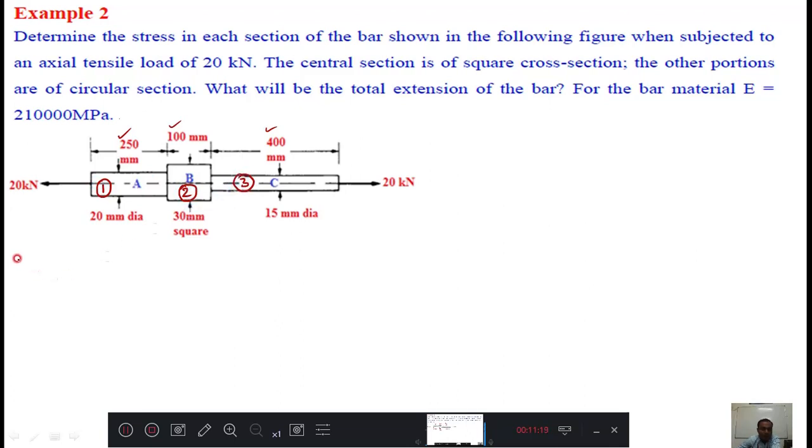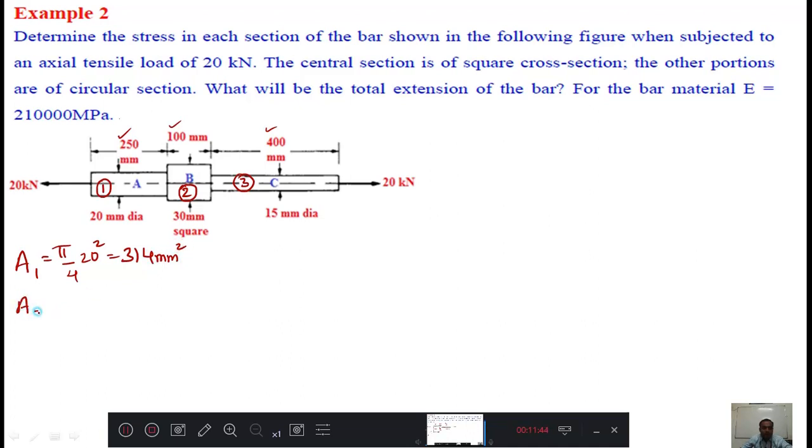Then for the first diagram I will call it A1 equal to pi by 4 into 20 square, that is 314. A1 is 314 mm square.